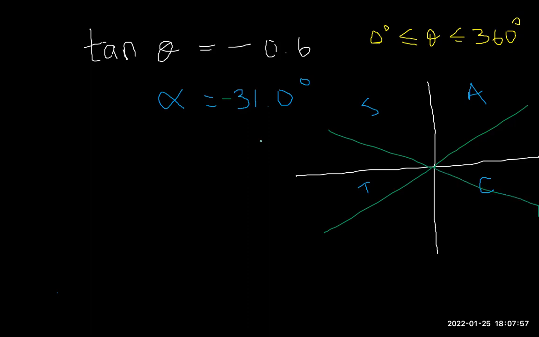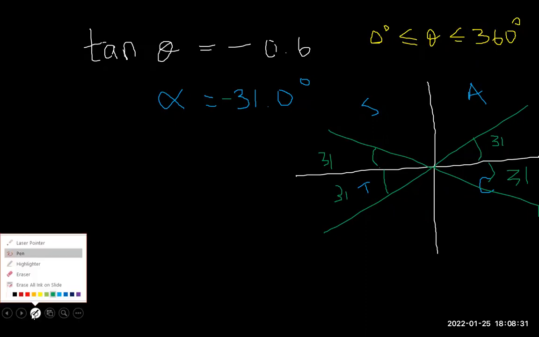So let me just tell you one thing real quick. When you see a negative angle, all it means is that instead of measuring that angle anti-clockwise, like I told you, you measure it clockwise. So you see how usually I would tell you this angle here is 31, this is 31, and this is 31.